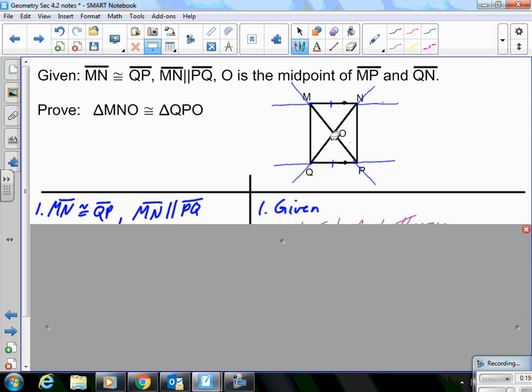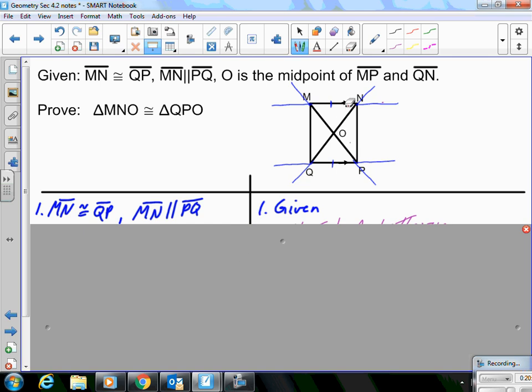So if MP is a transversal and these two lines are parallel, then we have to recognize that this angle right here, angle OMN, should be congruent to angle OPQ, as those are, what's the relationship? Different sides of the transversal in between the two parallel lines. Alternate interior angles. Right.